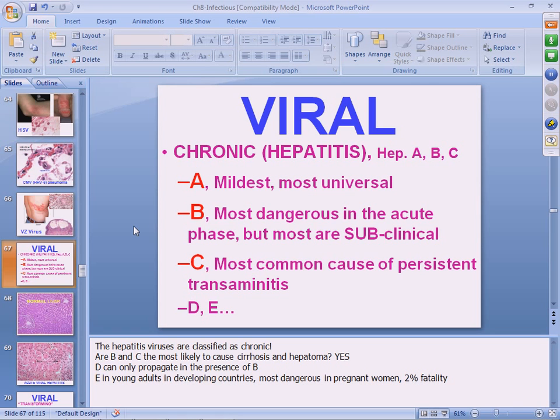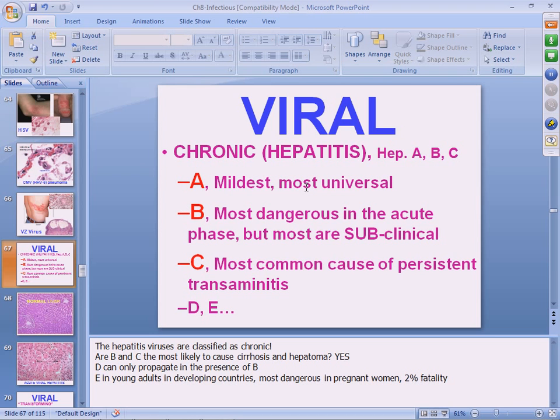The thing I want to say in general about the chronic viral infections, hepatitis, is that even though they're called A, B, C, D, E, they're not related in any way. I think most of them are RNA viruses, but I don't think any of them are in the same family.